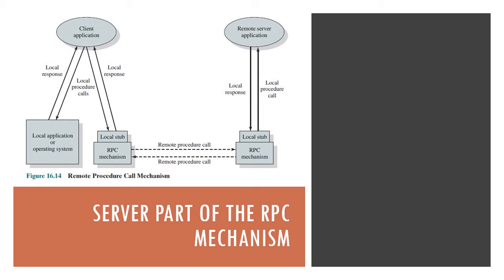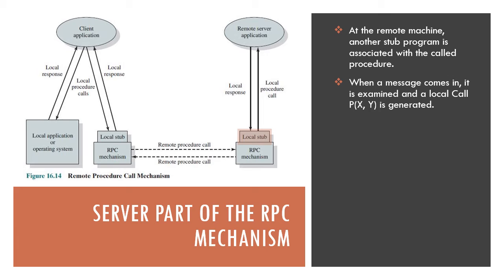Now look at the server part of the RPC mechanism. At the remote machine, another stub program is associated with the called procedure. When a message comes in, it is examined and a local call P(X, Y) is generated.